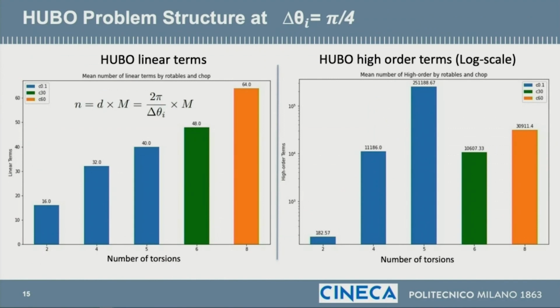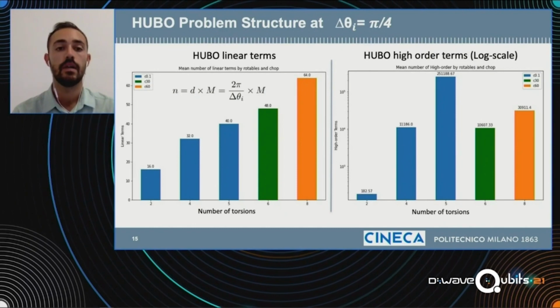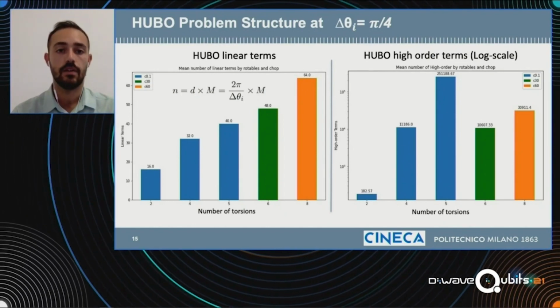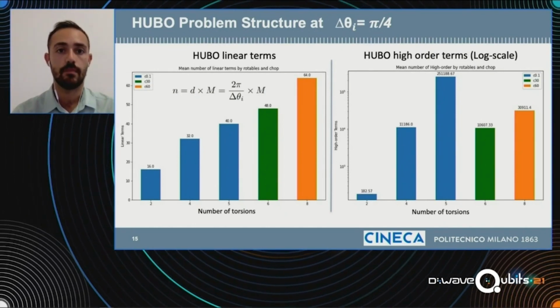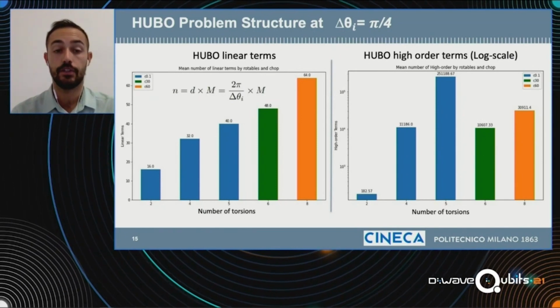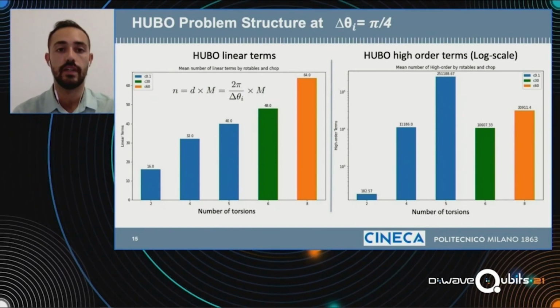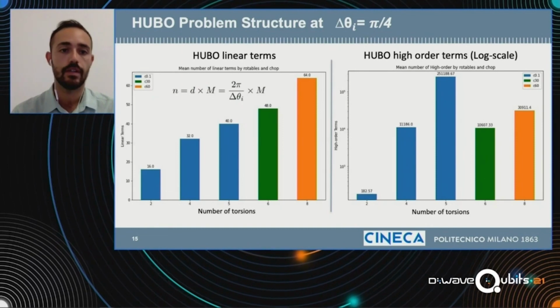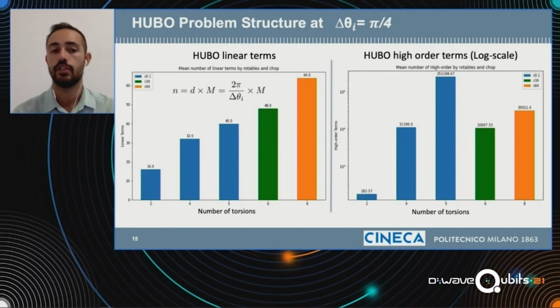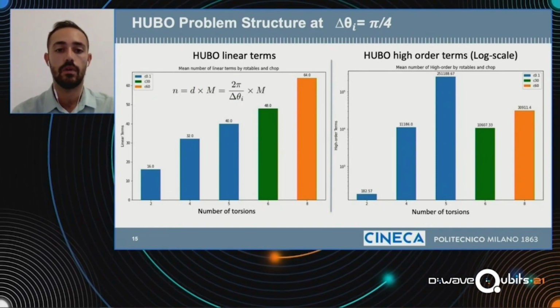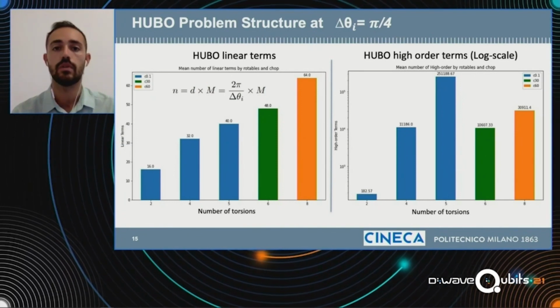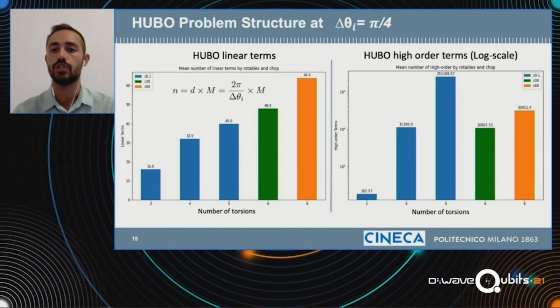Let's now have a look at the linear and higher order terms that appear in the HUBO when the discretization is pi over 4. You can see on the left the histogram of the linear terms, which, as we've seen before, grow linearly with m. So we have 16 linear terms when 2 torsions are considered, up to 64 when we have 8 torsions.